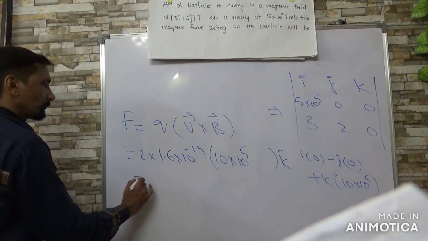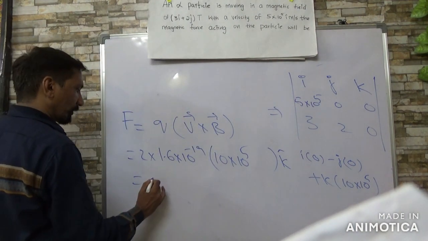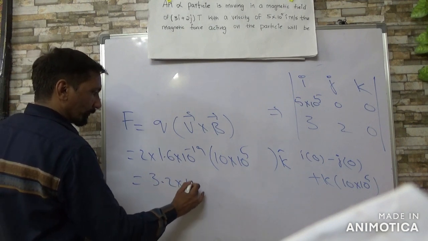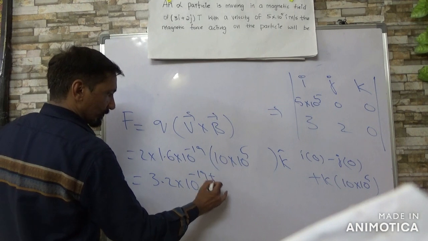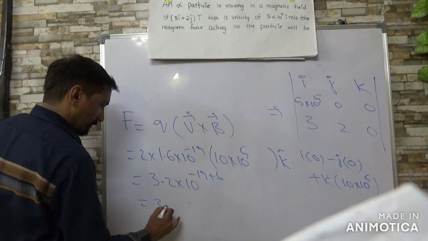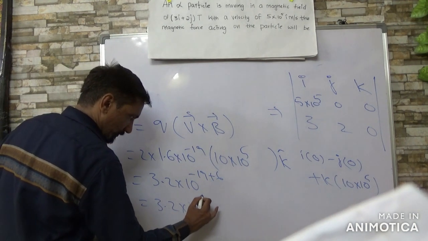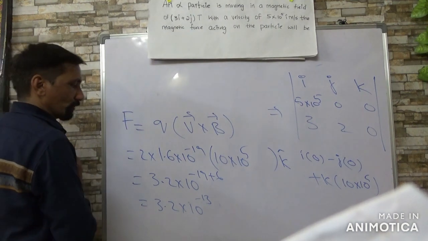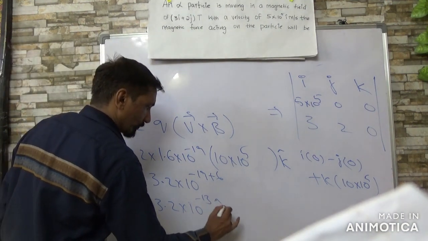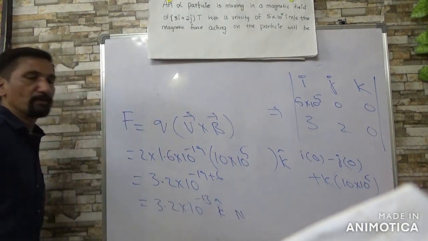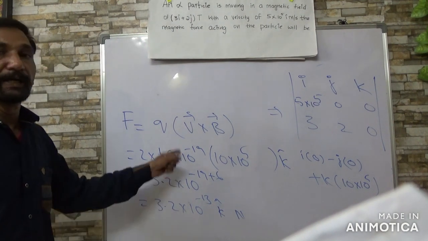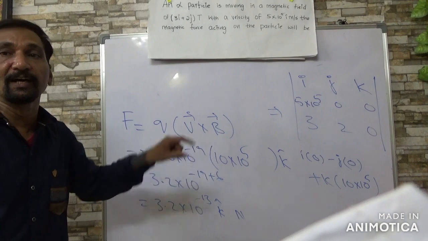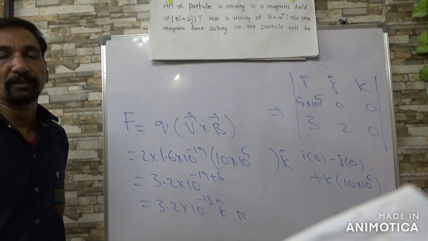So 3.2 into 10 power 6. The unit of force is Newton. So this is the force experienced by the alpha particle when held in the magnetic field.